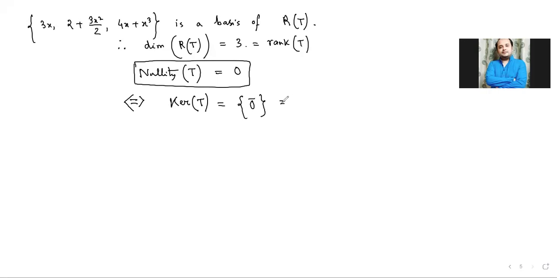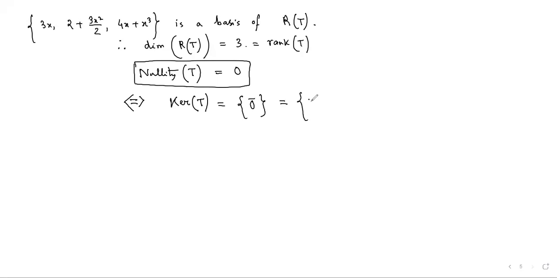Here it will be the 0 polynomial: 0 into x cube plus 0 into x square plus 0 into x plus 0. If the dimension of ker T is 0, then ker T contains only one element and it is the 0 vector. This completes your problem. This is the answer.